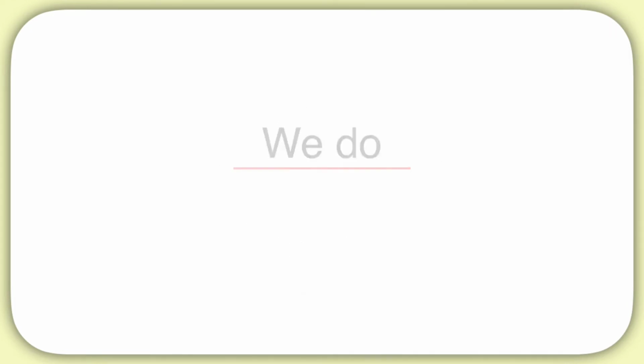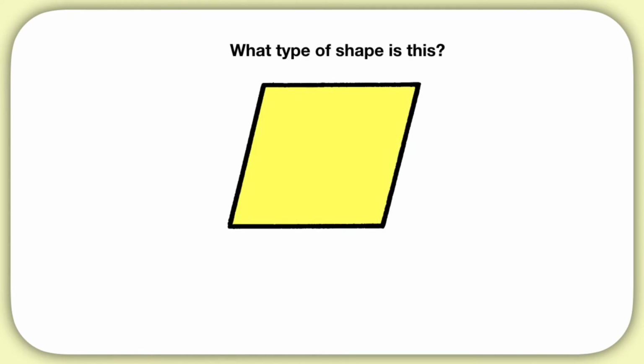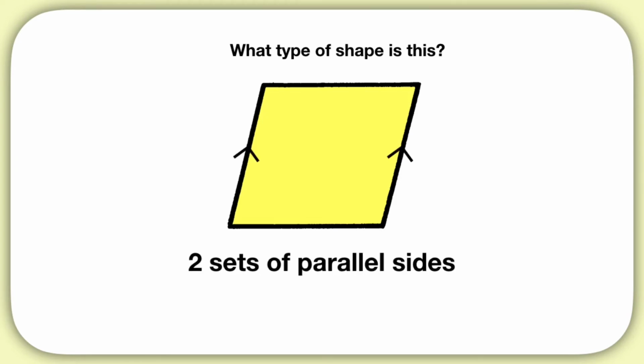Let's do this together. What type of shape is this? How many sets of parallel sides are there? As you can see in this figure, there are 2 sets of parallel sides, this and this. Now, does this shape have any right angles? No, there are no right angles in the corners.